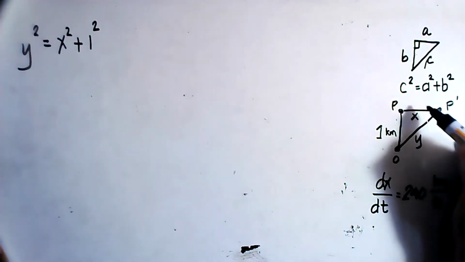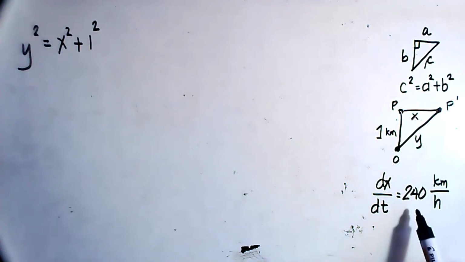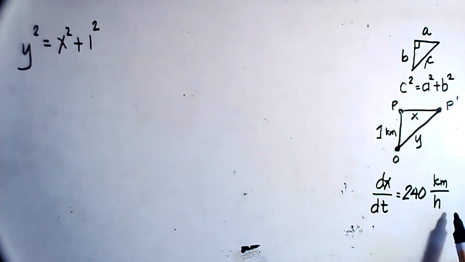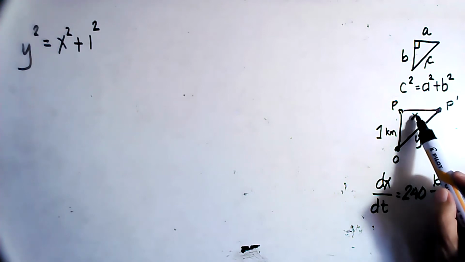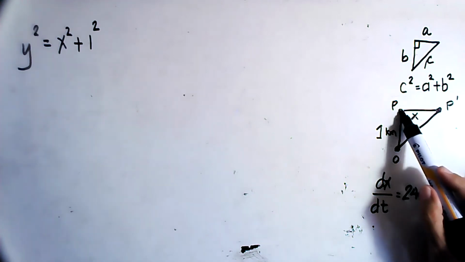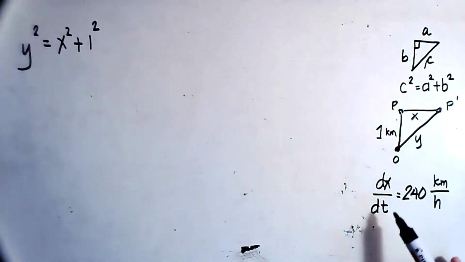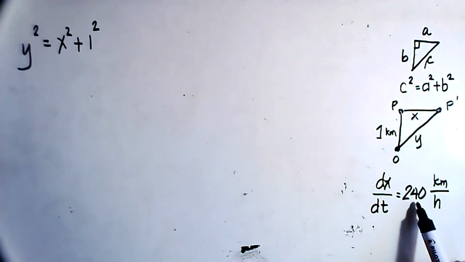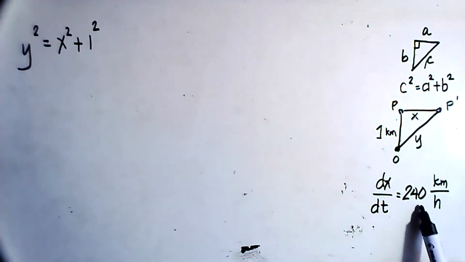Because the speed of the plane is 240 kilometers per hour, we can say that the change in x with respect to time is equal to 240 kph.